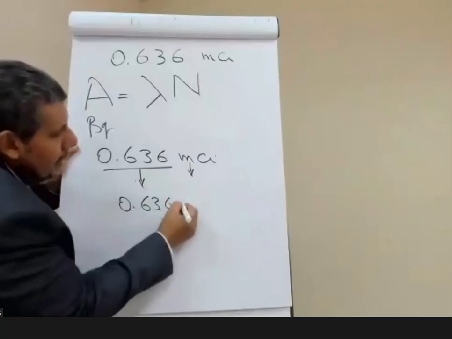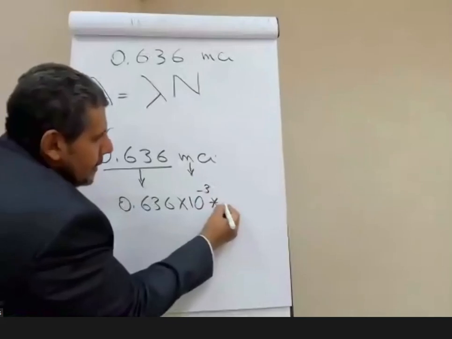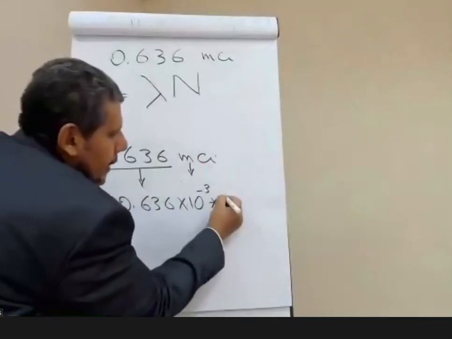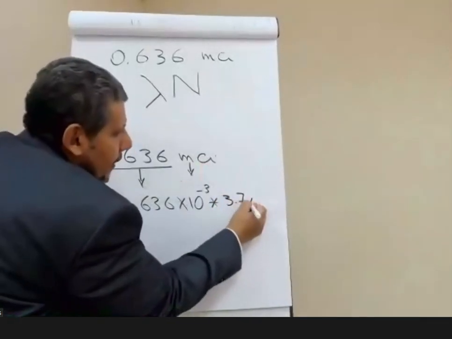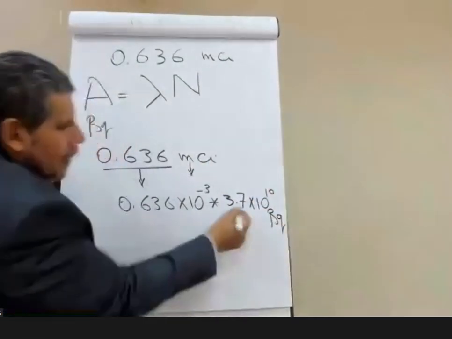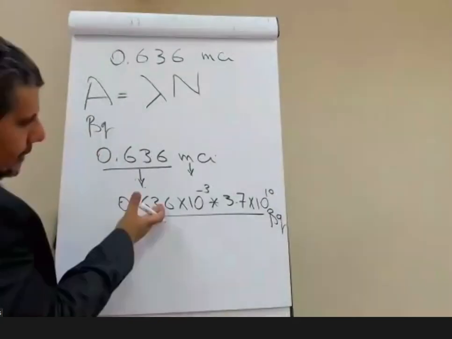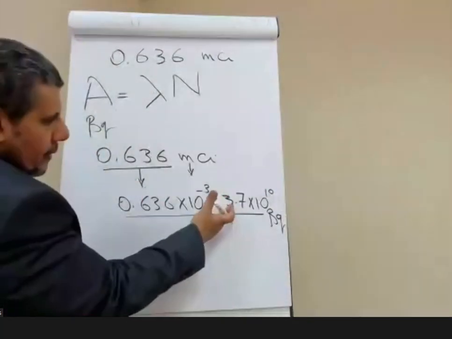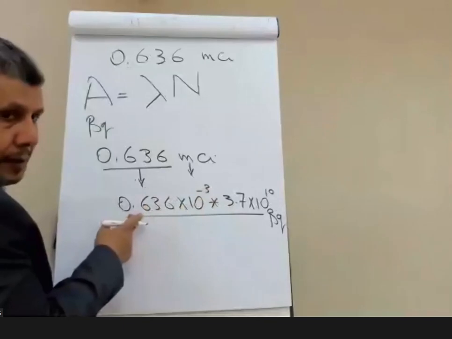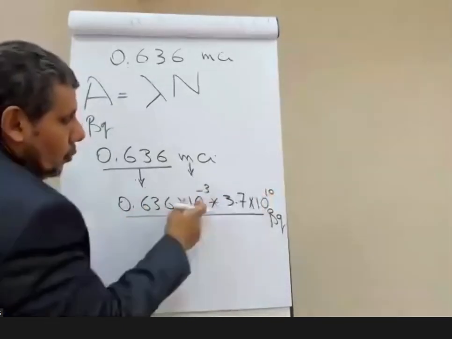Now, milli is 10 to the minus 3. Curie is 3.7 × 10^10 becquerel. Multiply this by 3.7 and you will get a number, times 10 to the minus 3, times 10 to the 10.